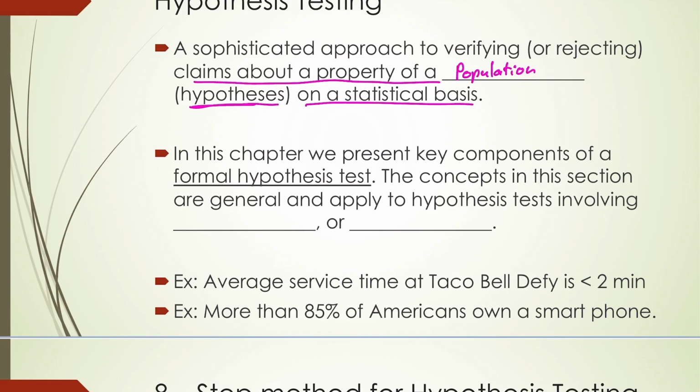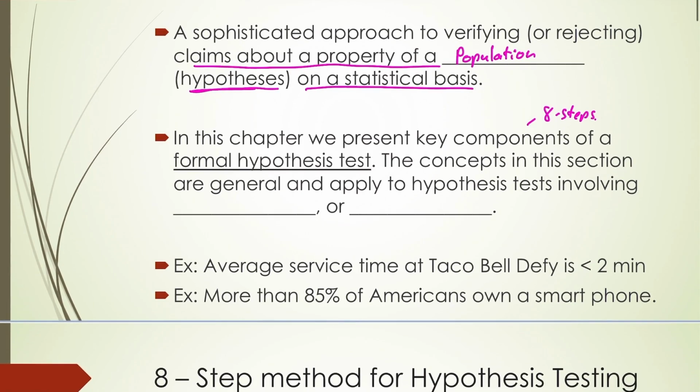There are 8 steps. The concepts are general and apply to hypothesis tests involving lots of different things, but in particular, proportions and means. So these are ways of testing claims about the proportion or the means of a population.